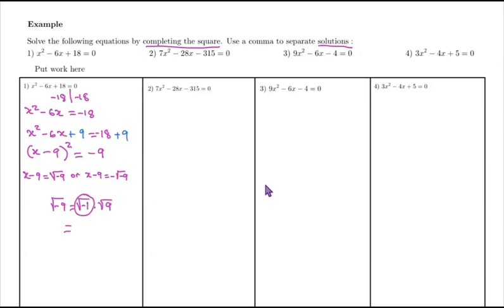Square root of negative 1 is i, imaginary number. And then square root of 9 is 3. So that's 3i. Square root of negative 9 is 3i. So that's x minus 3 equals 3i, or x minus 3 equals negative 3i.